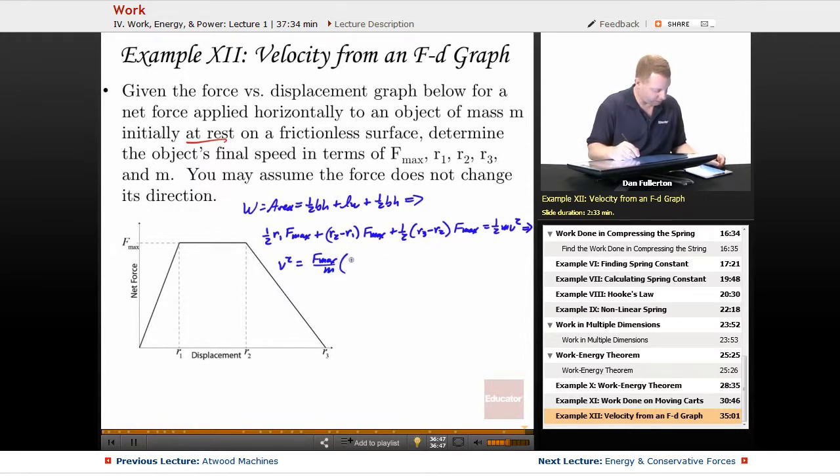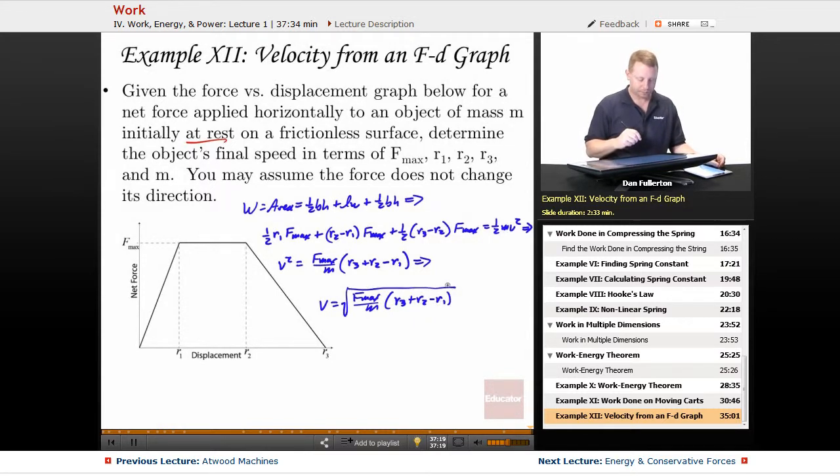We're going to have an R3, we've got a minus R2, we've got a plus R2, so we'll have plus R2 minus R1, which implies then that our velocity is going to be the square root of F max over m times the quantity R3 plus R2 minus R1. So we can get to velocity even from the area under a force versus displacement graph.